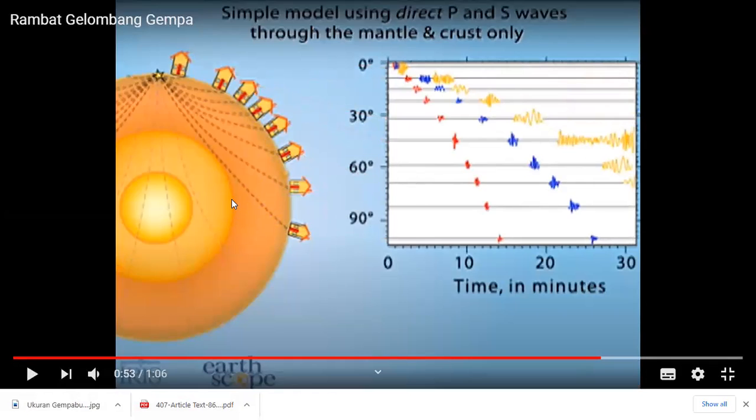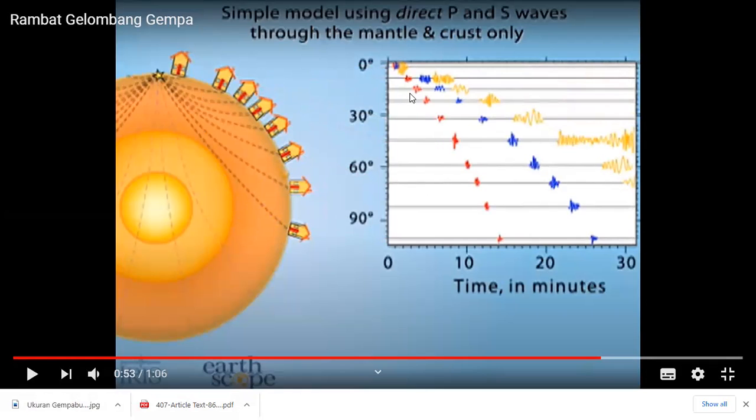So from here we can see there's an explanation about the earthquake coming here, and for the first recording, like this one for this side, second side is there, third side is there, fourth, and so on, until the far end here.